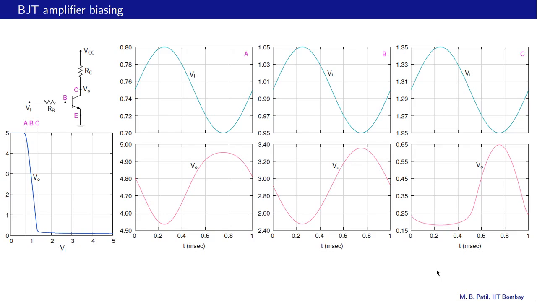So the point to take home is that bias point is extremely important in BJT amplifiers. In fact, that is true about amplifiers based on any devices, whether it's a MOSFET or a JFET or a BJT.